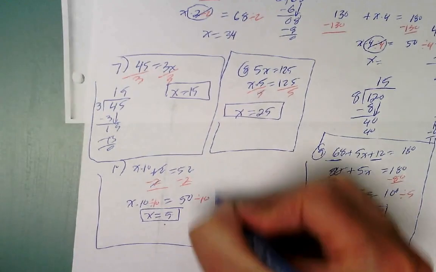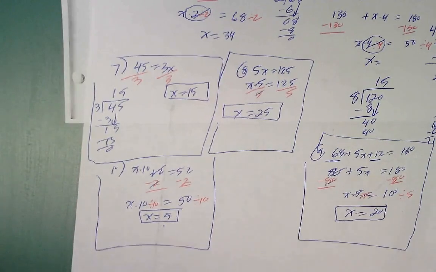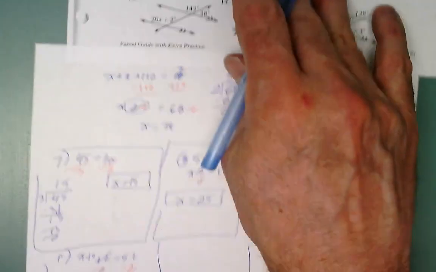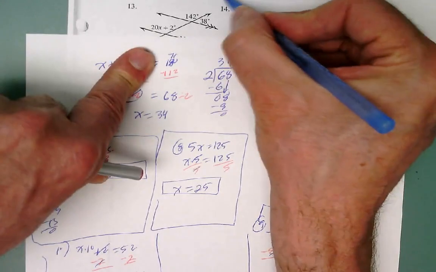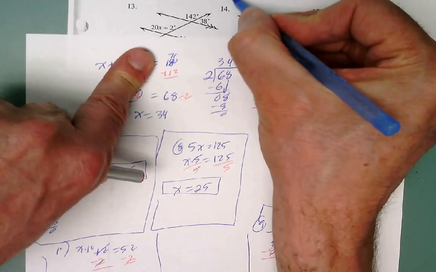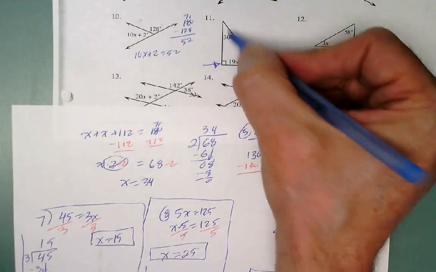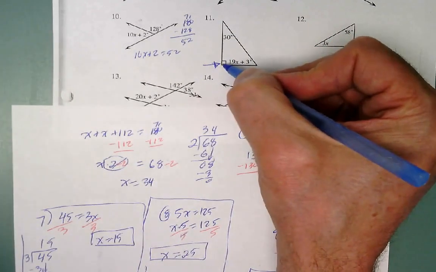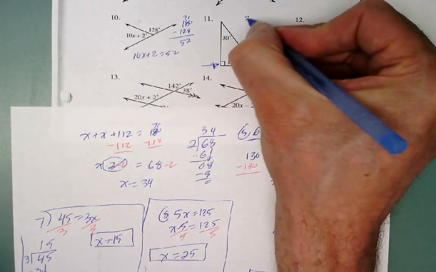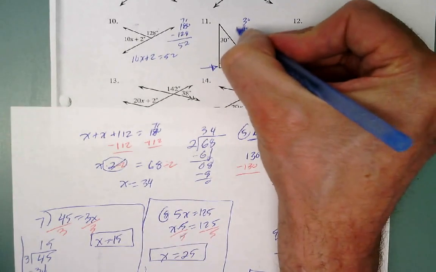Okay, 11. A couple more triangles. So 30. Tricky thing here is they didn't tell you that second angle. You had to figure it out by that symbol, right? That symbol means that's a right angle, which means it's 90. So 30 and 90 equal 120. All three of them add up to 180.